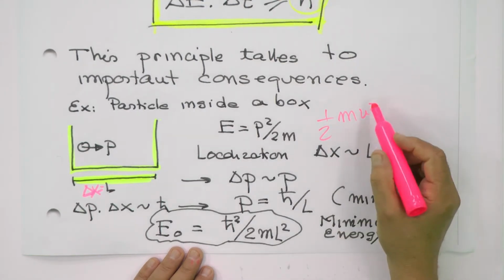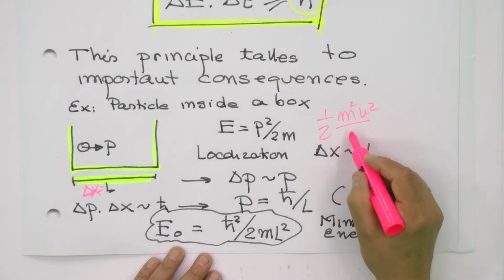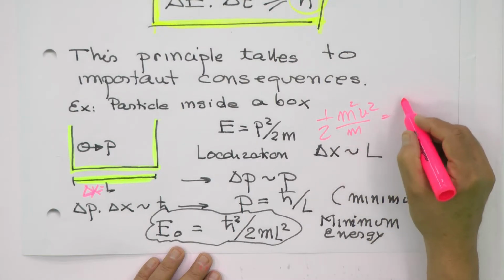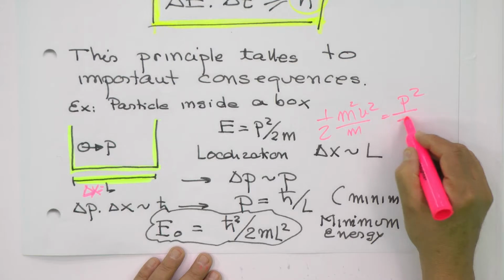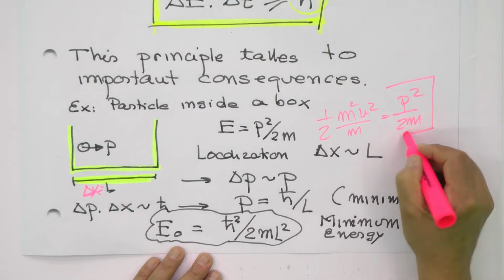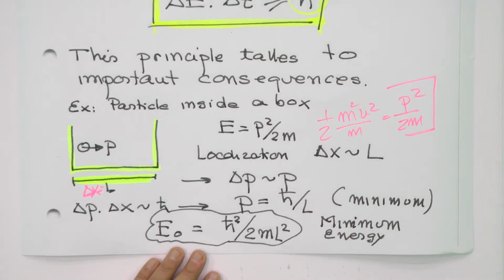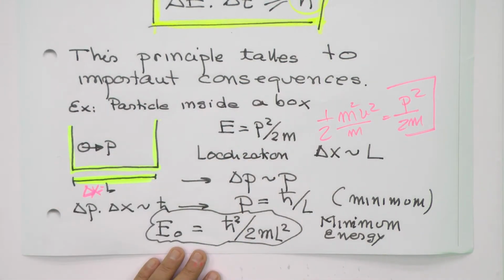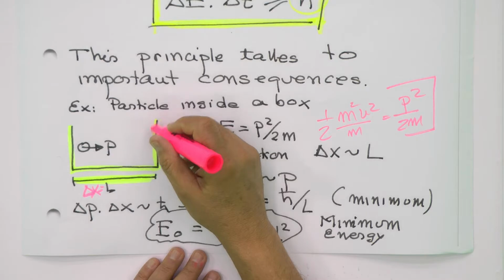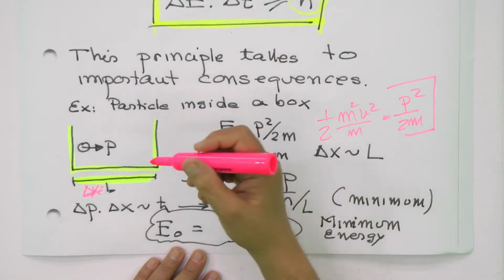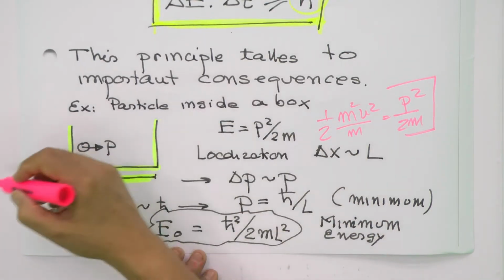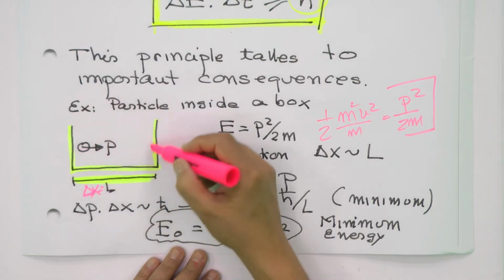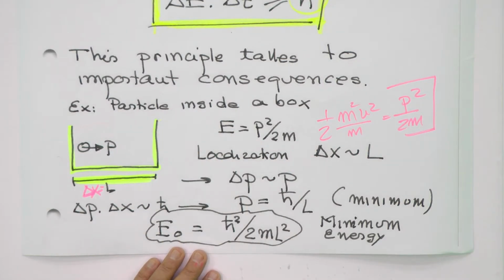And then the way to do this is multiply by an extra m divided by m, and this is p squared divided by 2m. That's a nice way that we like to represent the energy of a particle free in some position of the space in terms of other potentials or other energies. It's not free to go anywhere, but within the box, this is the energy of the particle.